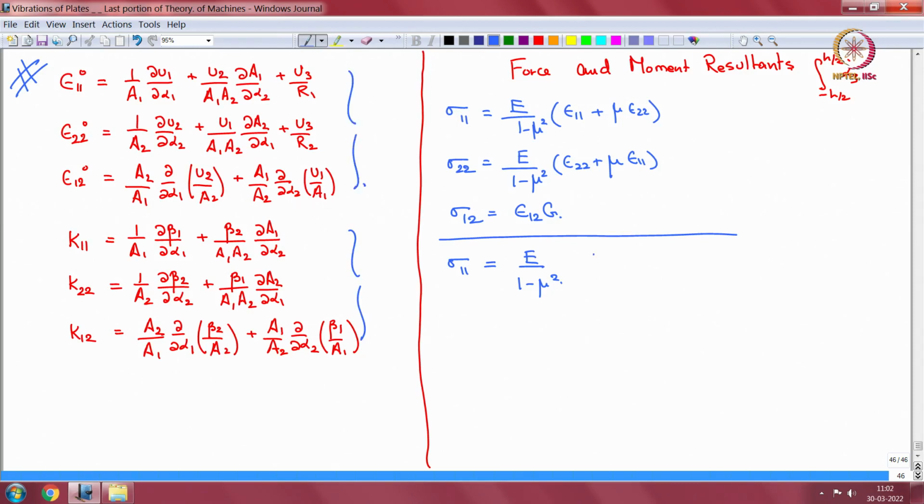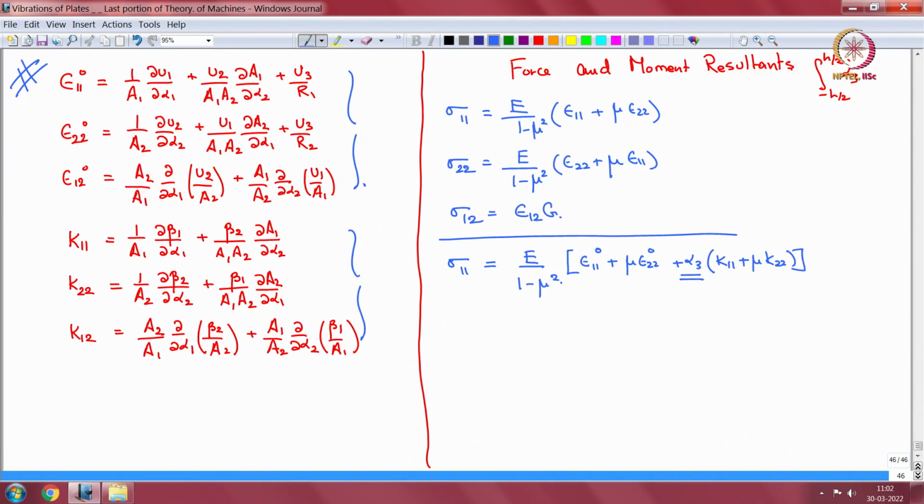Okay, so that sigma 1 1 now is equal to epsilon 1 1 0 plus mu epsilon 2 2 0 plus alpha 3 k 1 1 plus mu k 2 2. Okay. So, in the entire expression alpha 3 comes only here.